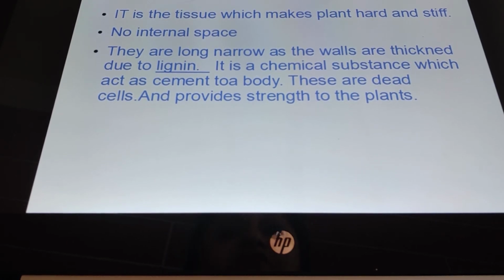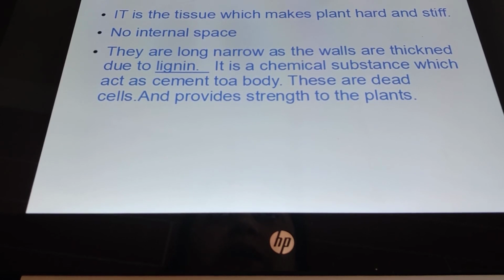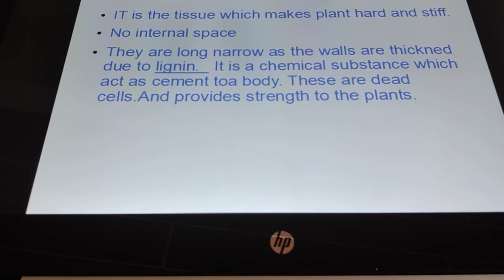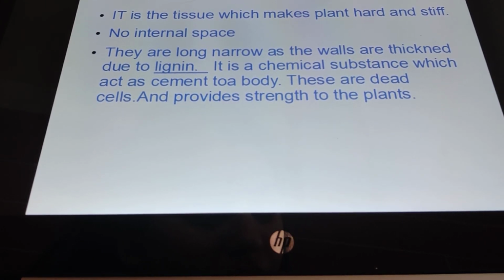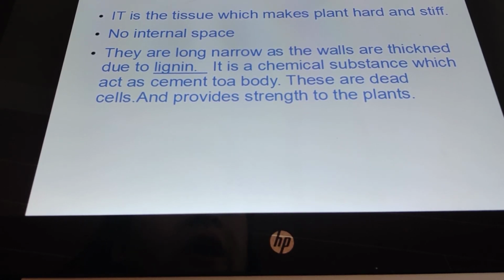These are dead cells and provide strength to the plant. If we compare parenchyma, collenchyma, and sclerenchyma, there are two or three differences you can easily state. Parenchyma has a thin cell wall, collenchyma has a thick cell wall at the corner, and sclerenchyma has a thick cell wall.